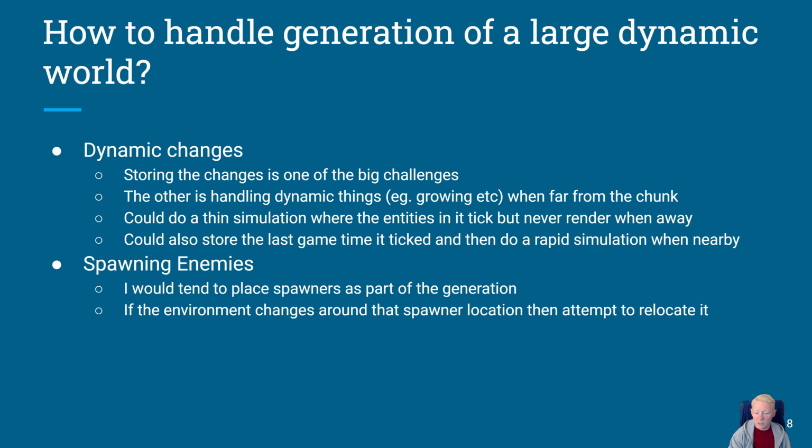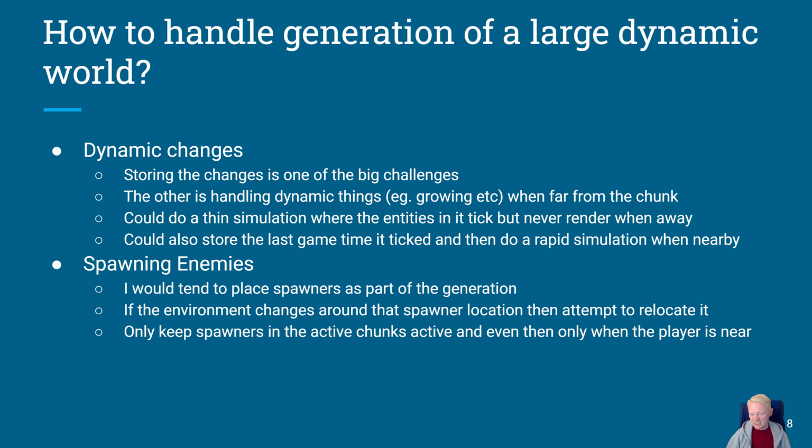But if it's a case where, okay, they might have flattened out that mountaintop but kept it the same height, you might want to keep that spawner there. But potentially, if they've changed the terrain to a different material, you might want to use that to block out spawning. So a lot of different things that we could be doing there, depending upon our needs. But I think generally, picking the locations as part of that generation.